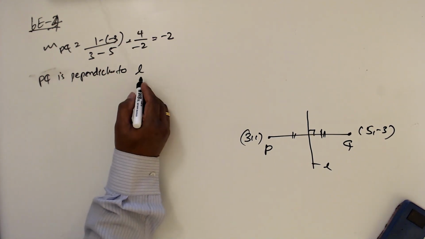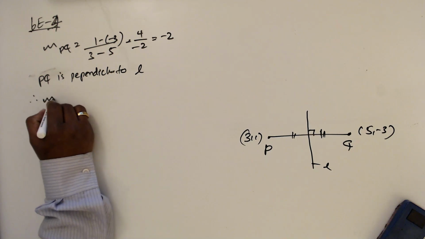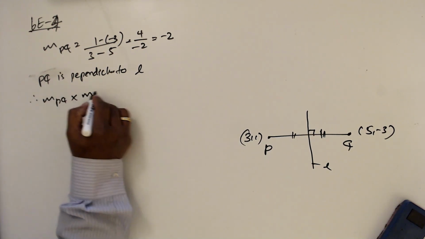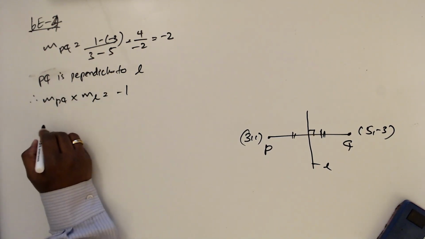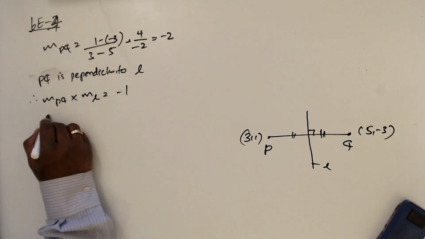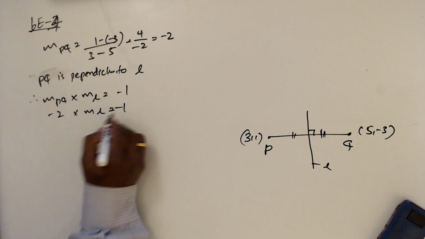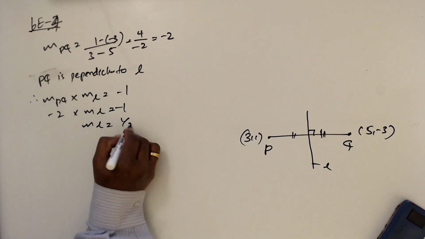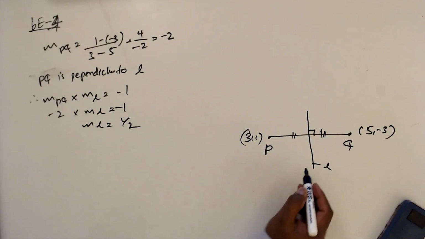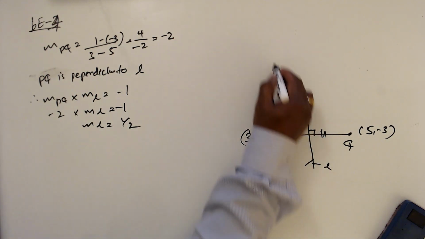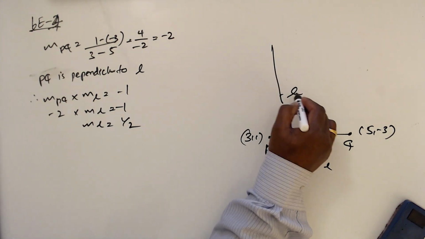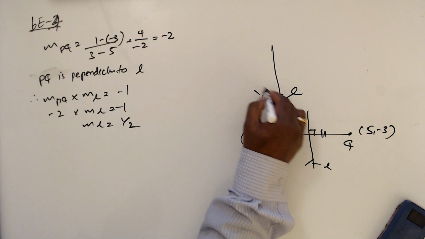PQ is perpendicular to L. Hence, m_PQ times the gradient of L makes -1. m_PQ is -2, times m_L is -1, so m_L is half. Now I know the gradient of this line, half.